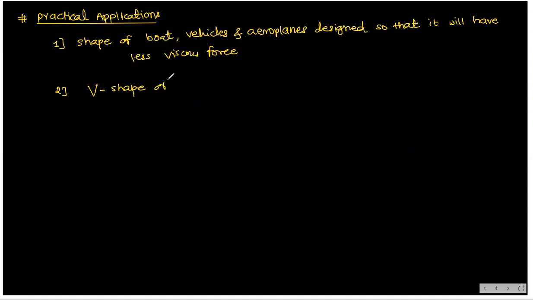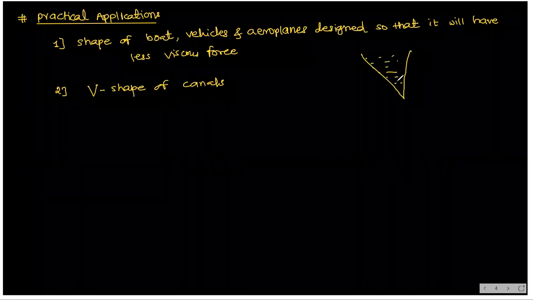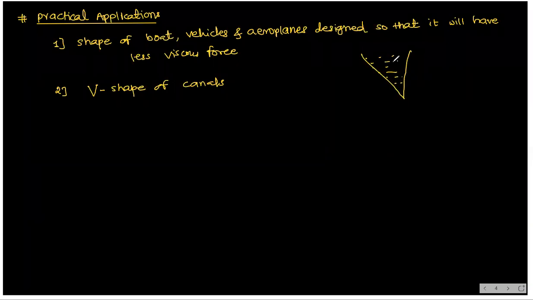V shape of canals. As this V shape is there, the force between these two layers is less if the area of contact is less, and that's why the canals are designed in a V shape, to reduce the viscous force only.